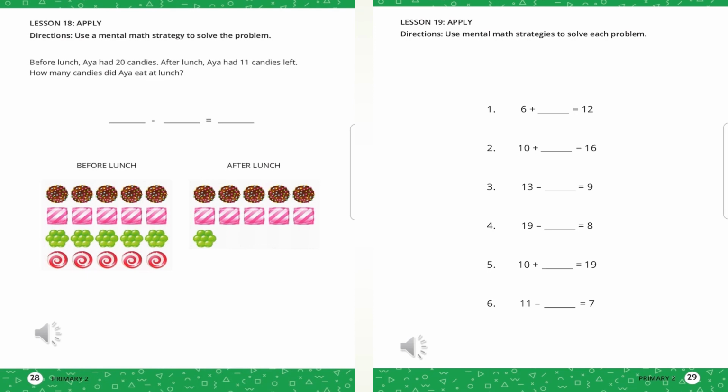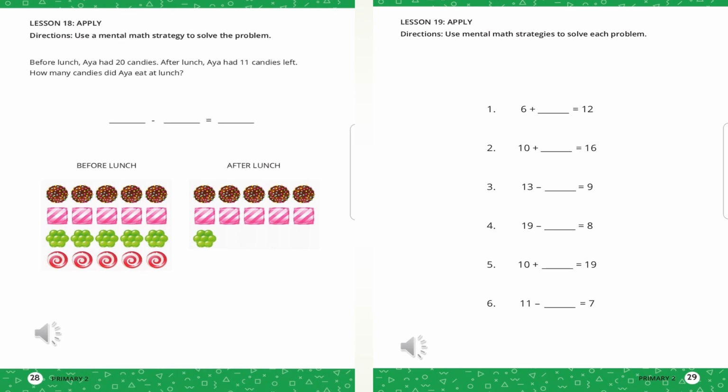We have the biggest number, 20, and we have minus here because we have the word left. We have 20 as the first number because it's the greatest one. And we don't know how many candies she ate, and the total left are 11 candies.